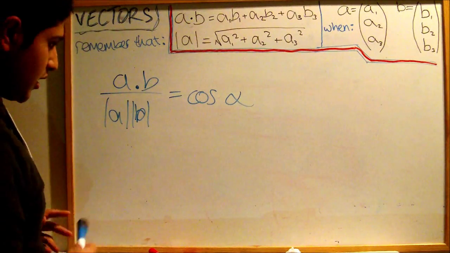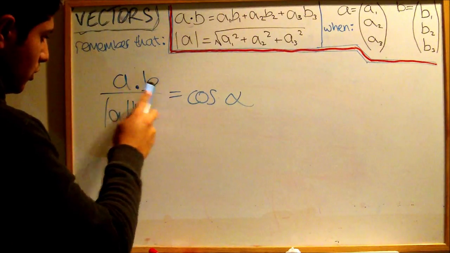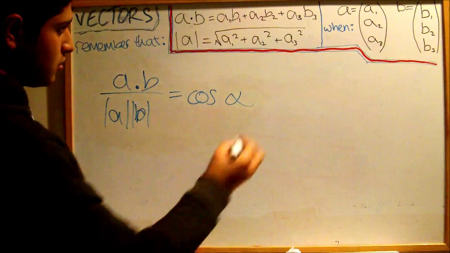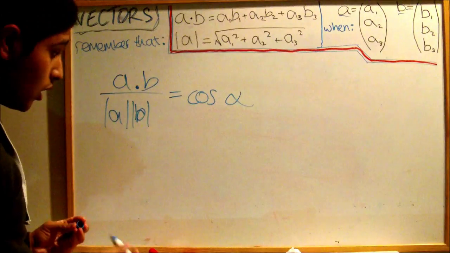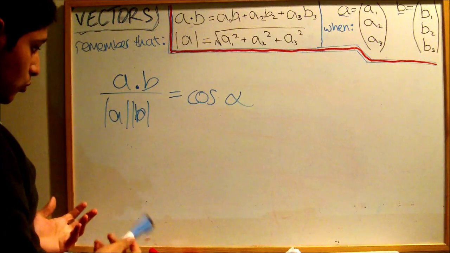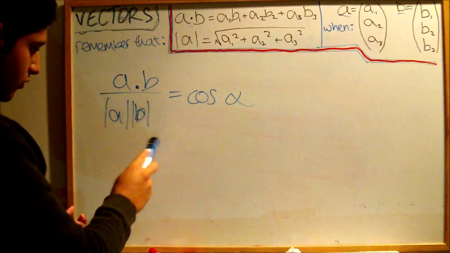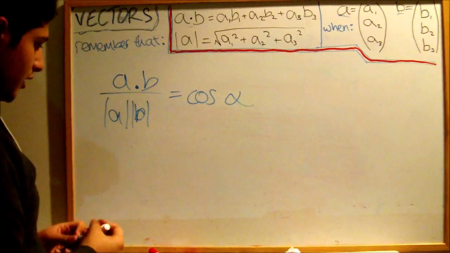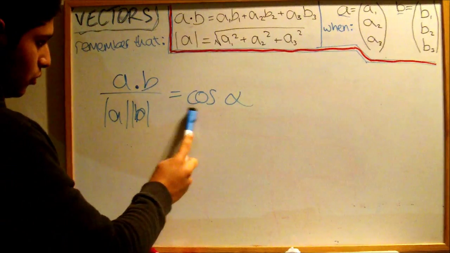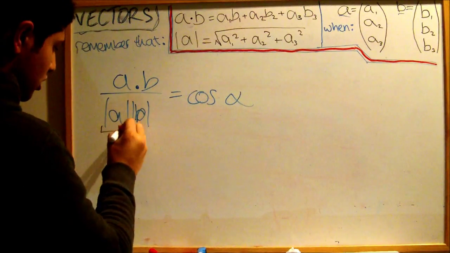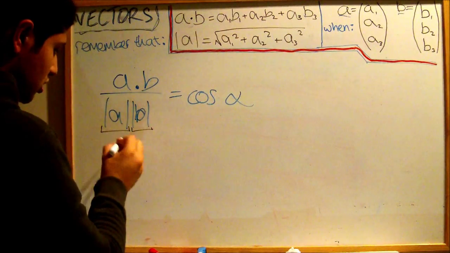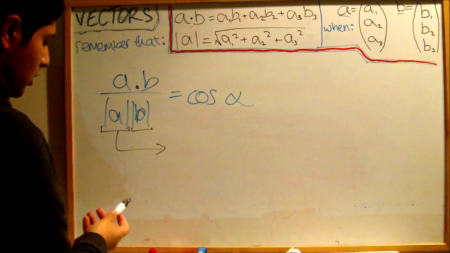What this is basically saying is if you have these two vectors, vector A and vector B, two points, then you can do the following calculation, and the answer will give you cos alpha.